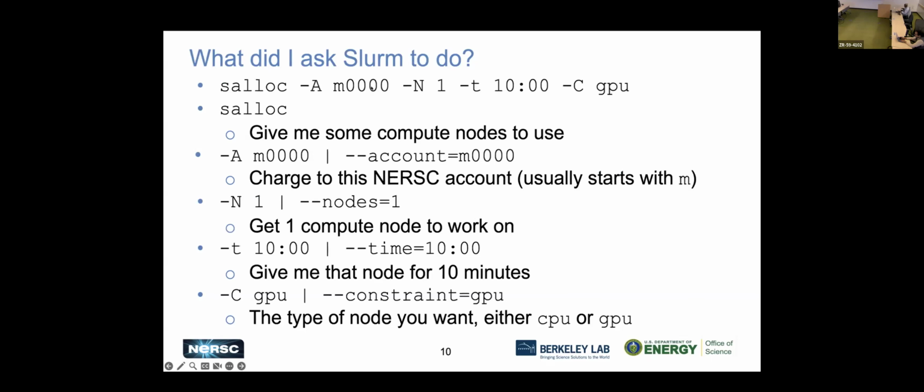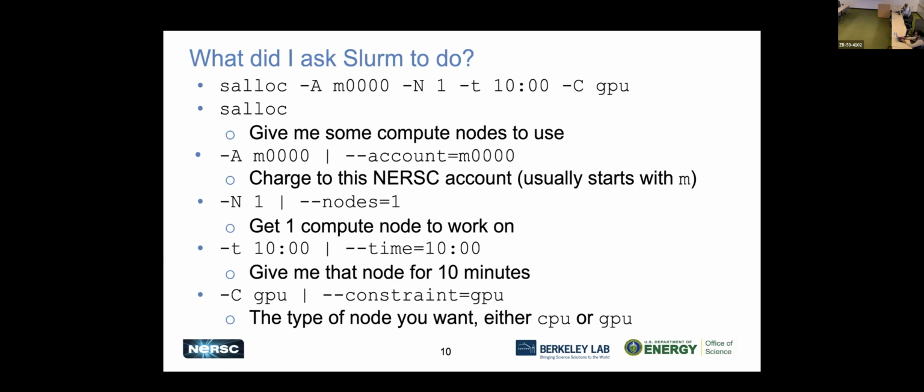I just previously went over this, but this is breaking everything down. We have the salloc command that gives you the compute nodes to use. The -A is the account that you're being charged against, and it's usually going to start with an M. A lot of times you might get a message, I can't remember the exact wording, something like your submission does not fall into job guidelines.